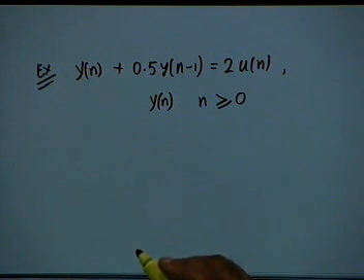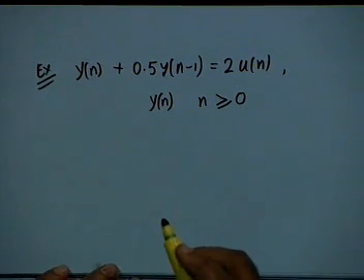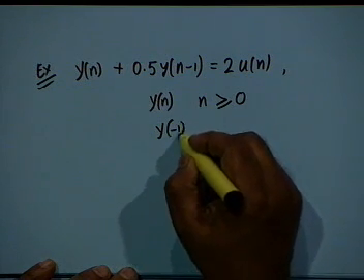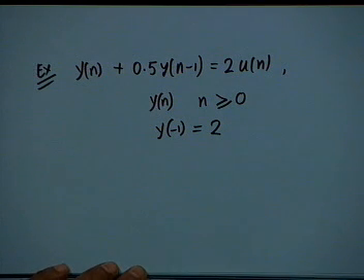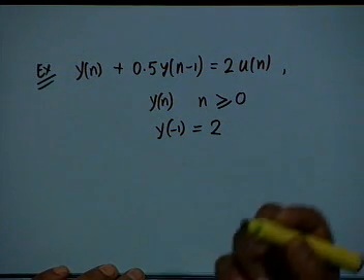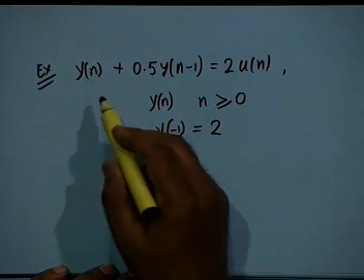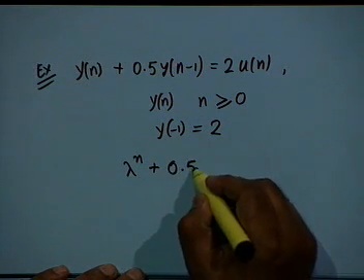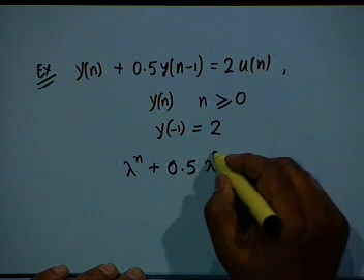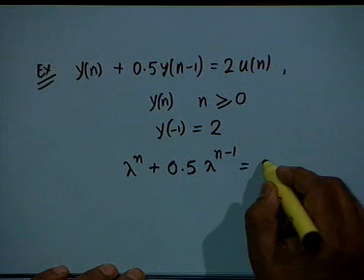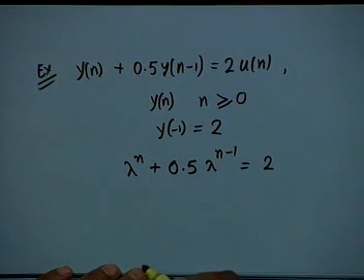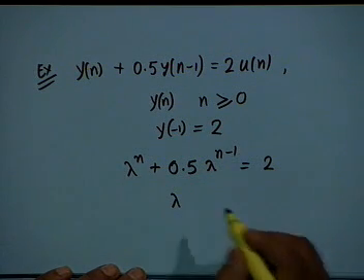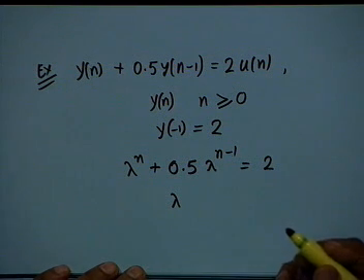It's a first order equation, you require one initial condition, and it is given that y of n minus 1 equal to 2. So you try your solution. What is the solution? Lambda to the n plus 0.5 lambda to the n minus 1 should be equal to 2, and therefore lambda is equal to how much?